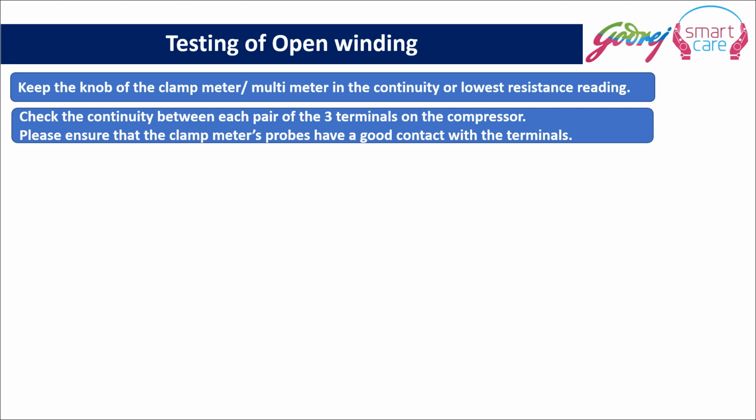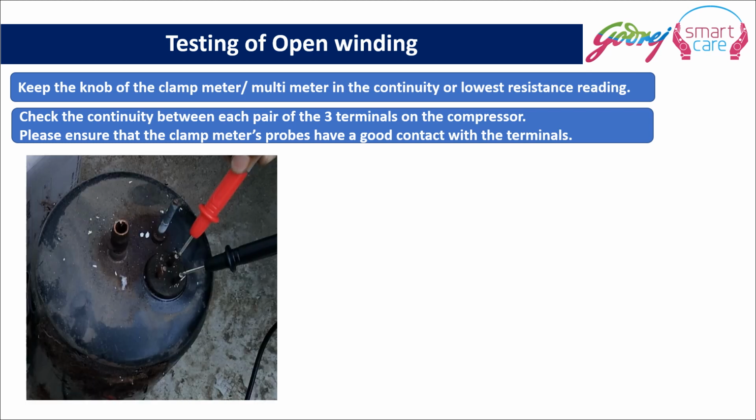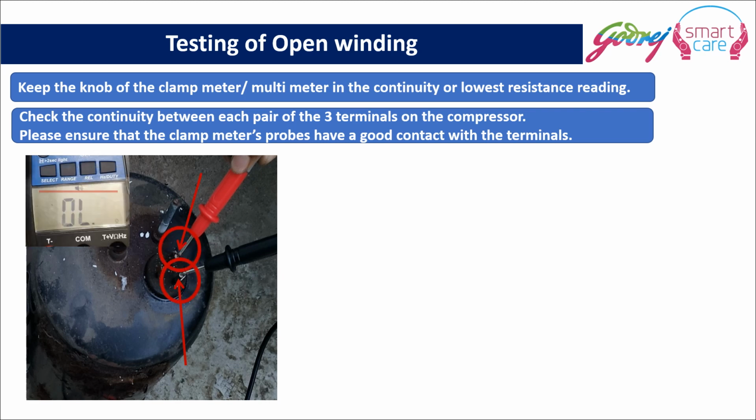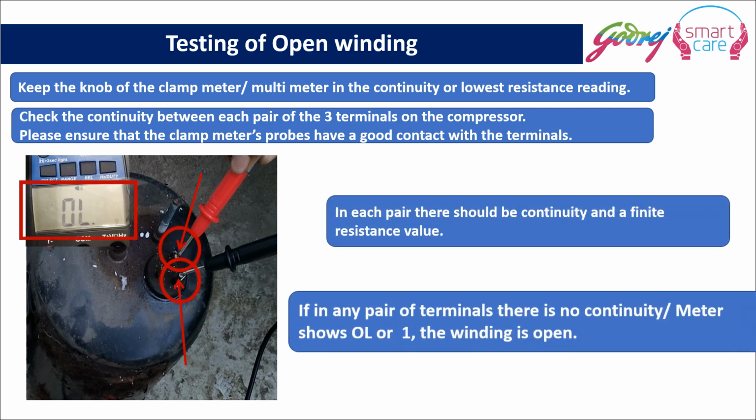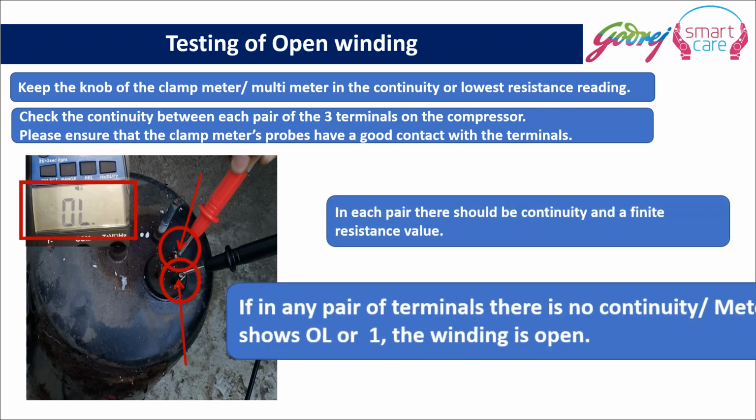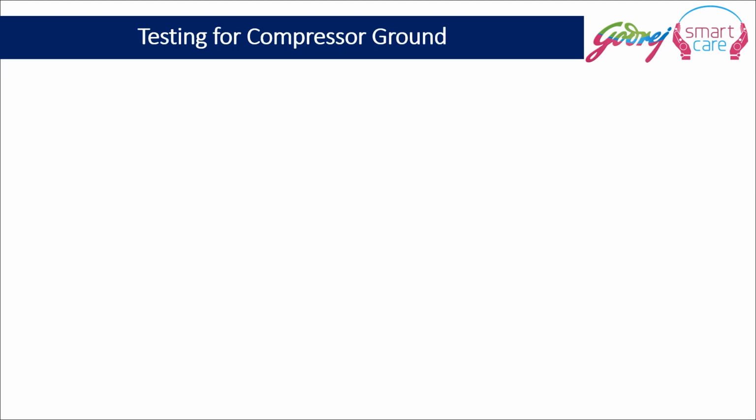We have to ensure that the clamp meter's probes have good contact with the terminal. In each pair, there should be continuity and a finite resistance value. If in any pair of the terminals there is no continuity or the clamp meter is showing 0L or 1, the winding is open.